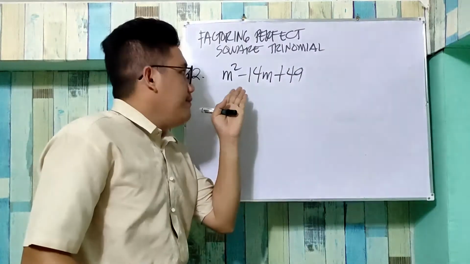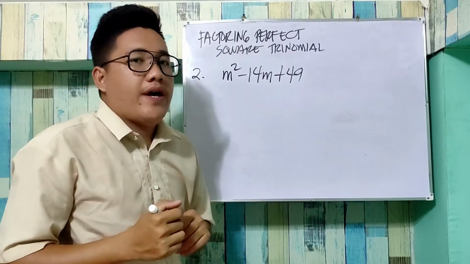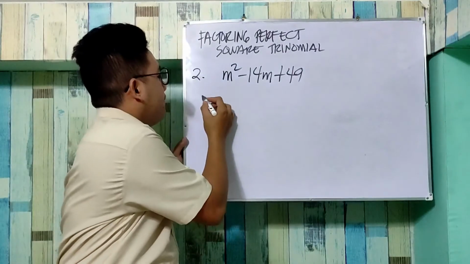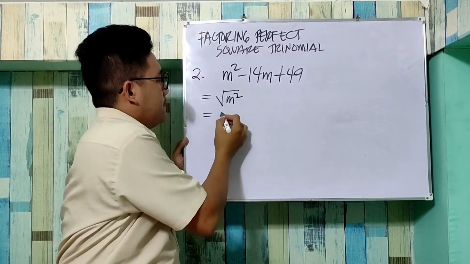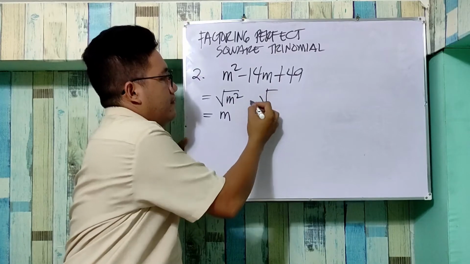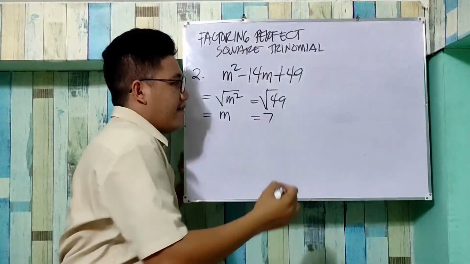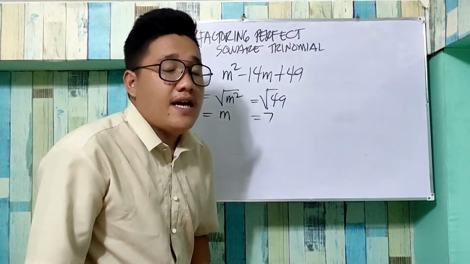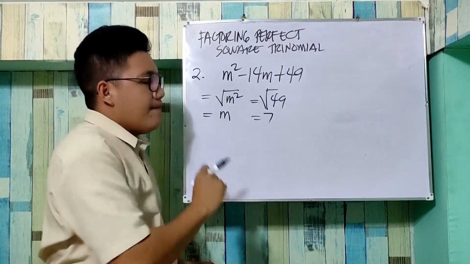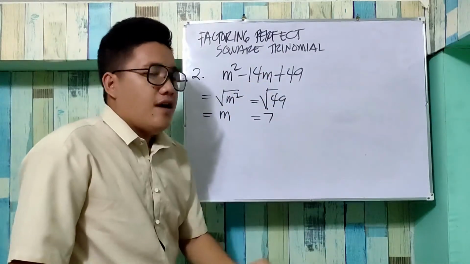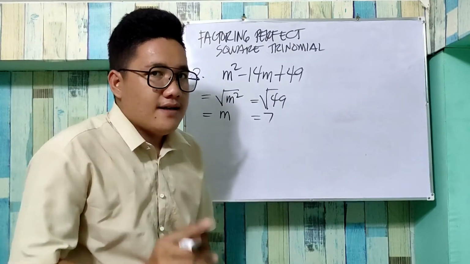So, we have m squared minus 14m plus 49. Let us first get the square root of the first and last term. That is m. That is 7. 7 times 7, that is 49. So, 7m times 2, that is 14. So, meaning to say, perfect square. Meron tayong makukuhang sagot.